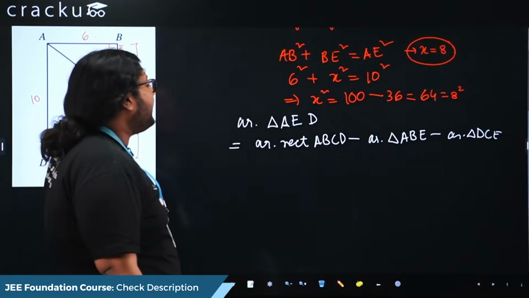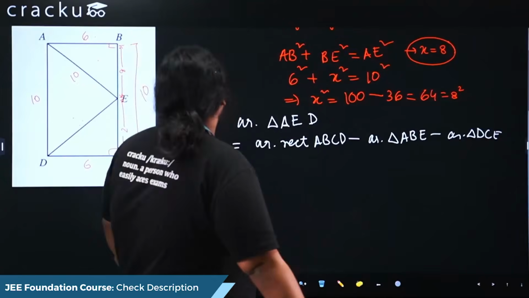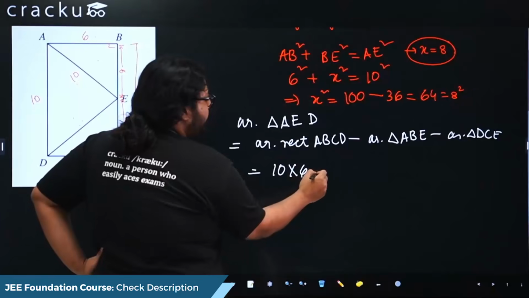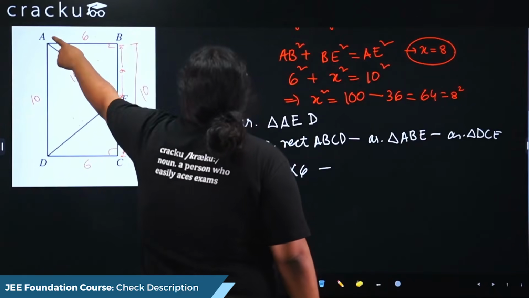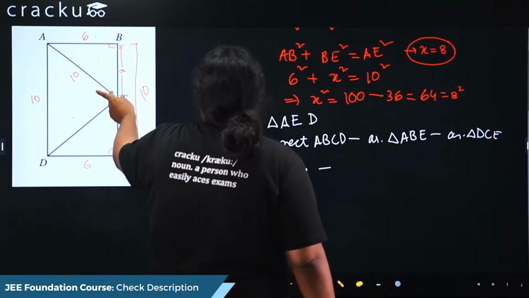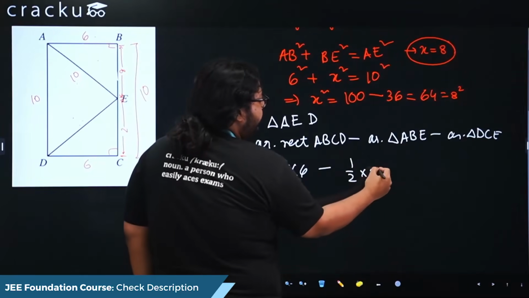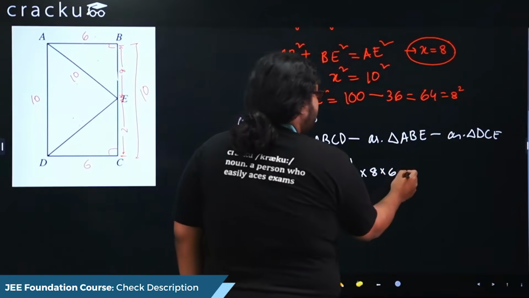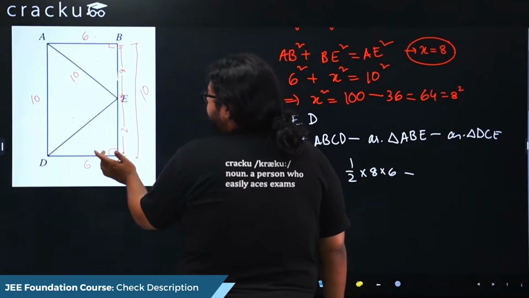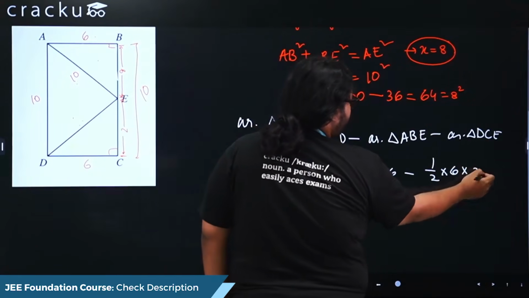Now what is the area of the rectangle ABCD? The area of a rectangle is base into height, or basically length into breadth. So this is 10, this is 6. The area of the rectangle is 10 into 6 minus ABE. ABE is a right angle triangle. So in a right angle triangle, if I take 8 to be base, in that case height is 6. So this is half 8, 6. Same for DCE. In DCE, if I take base to be 6, then height is 2. So that is half 6, 2.